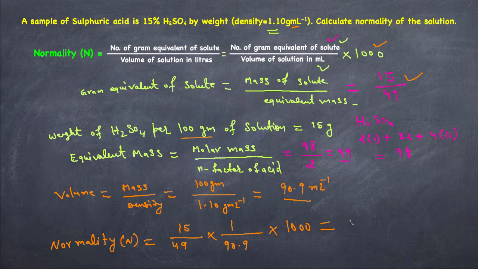When we solve it, it gives me 3.36 N. That's the unit of normality, it can be denoted by N. So that's how we can solve the normality. You need to take care of these things. If they gave us the mass of the solute, this is the formula we can use to convert it into gram equivalent of the solute. And you need to know how to calculate equivalent mass, and equivalent mass is molar mass divided by n factor of acid. So this is the example of how we can solve the normality.